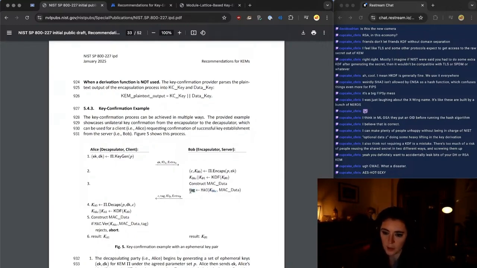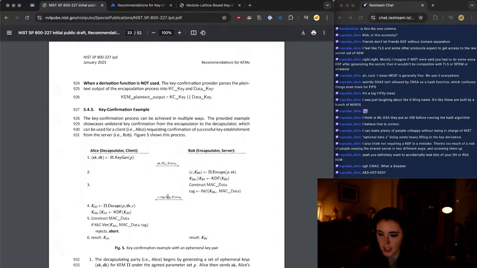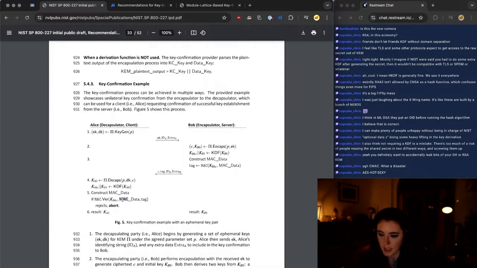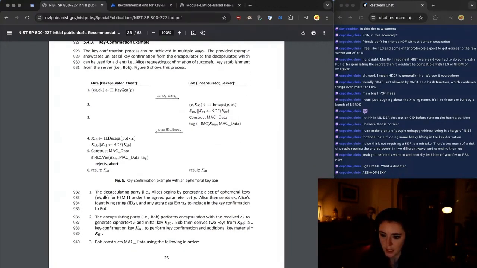And then you attach a tag to the message. You include your ciphertext, your tag, the ID that's going into the MAC data, and then this extra B that goes into the MAC data. You do your decaps, you reconstruct the MAC data, you verify the MAC tag over the MAC data you constructed with the key material from the beginning of the shared secret. And if it verifies, you continue.